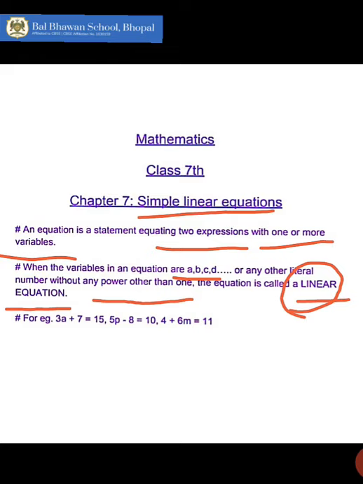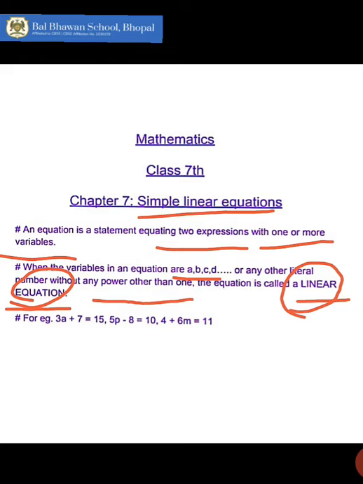And an equation, as the word itself states, equates. It is compulsory that it equates two different sides, that means the LHS and the RHS. Such a statement which has a variable, a constant, along with an equal sign, will be termed a simple linear equation. And most importantly, the power of the variable should be none other than 1.